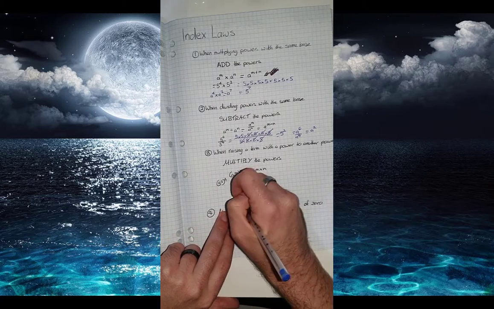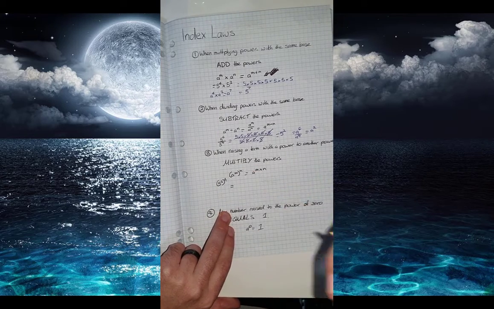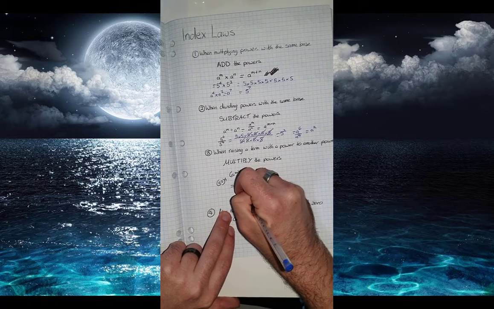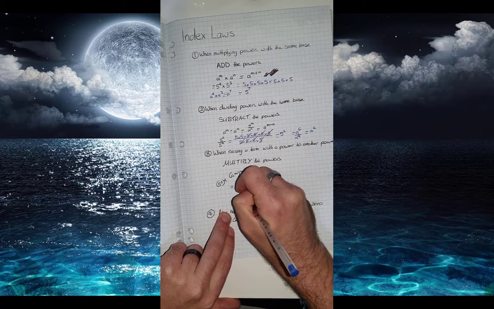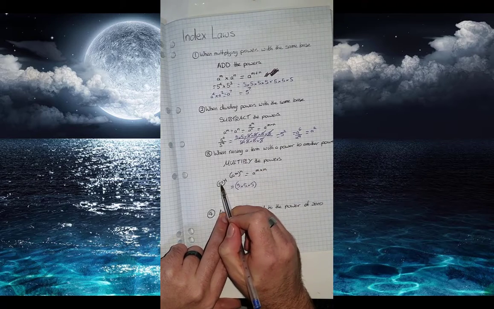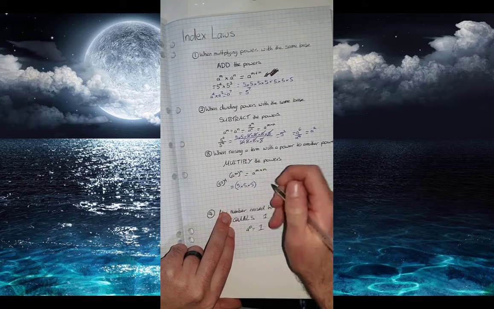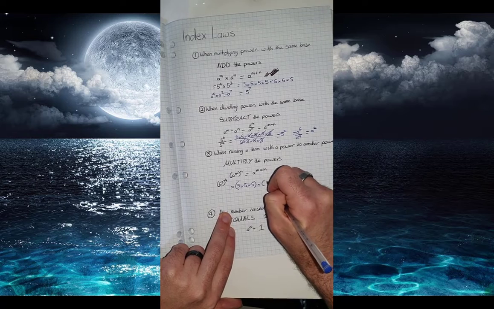So again, we're going to have a look in its expanded form. So we've got 5 times 5 times 5. That is one group. Now we've actually got 4 groups of this.